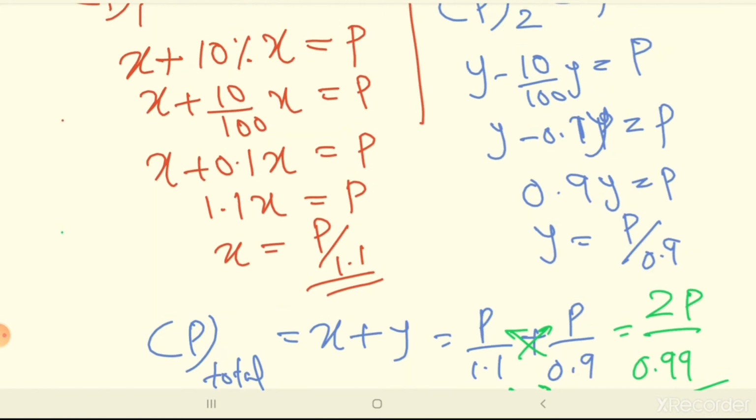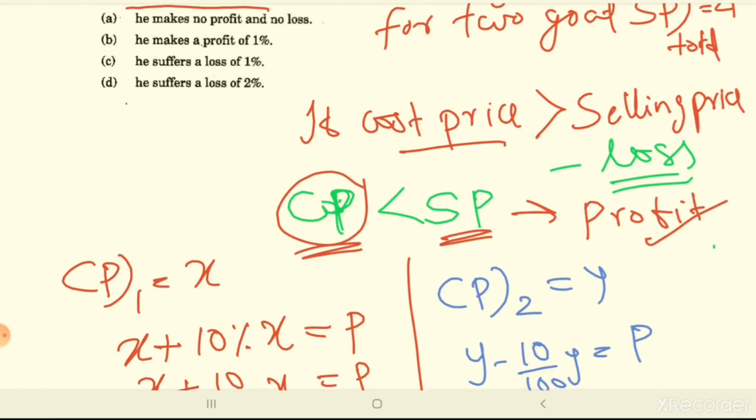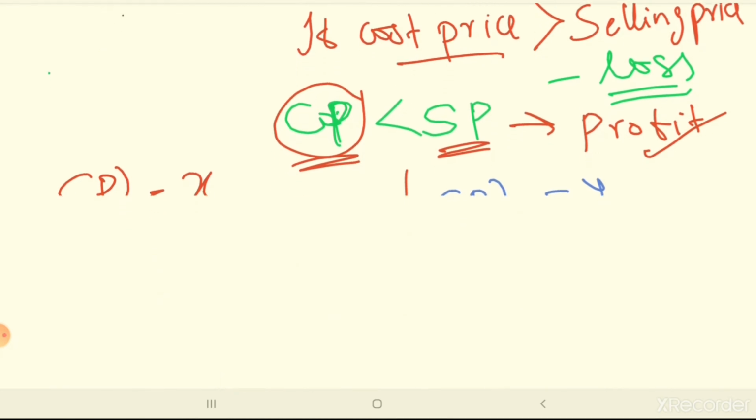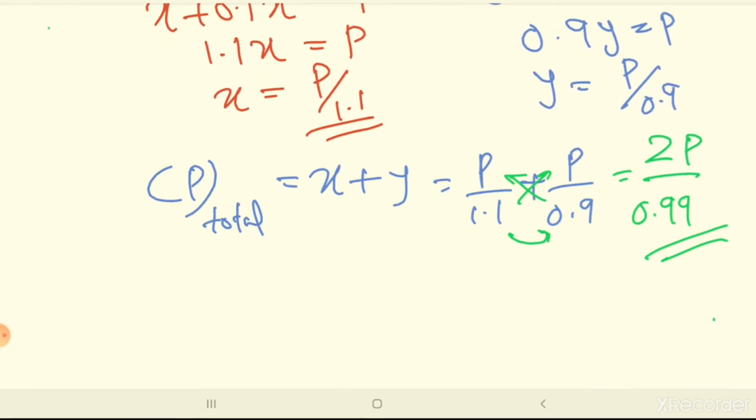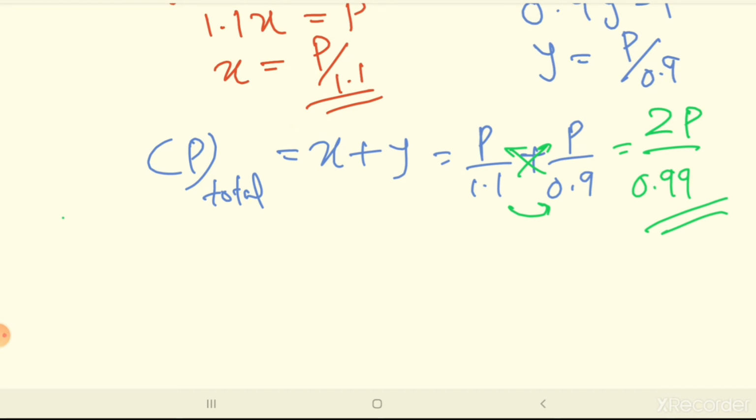And we know the selling price equal to 2P. Then we have to find the percentage change in cost price and selling price, whether he incurred a loss or he makes a profit.